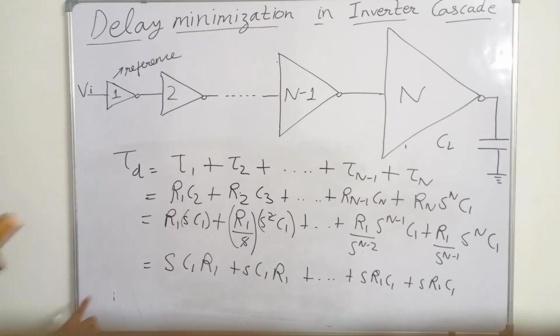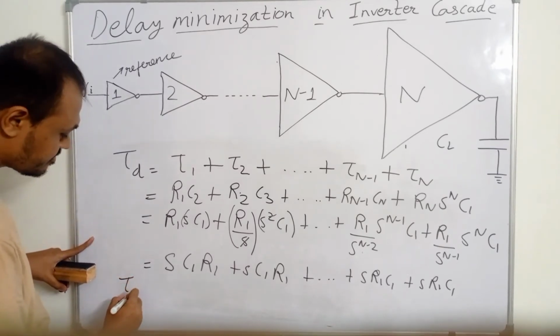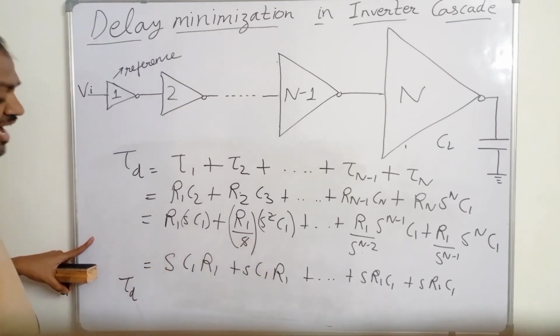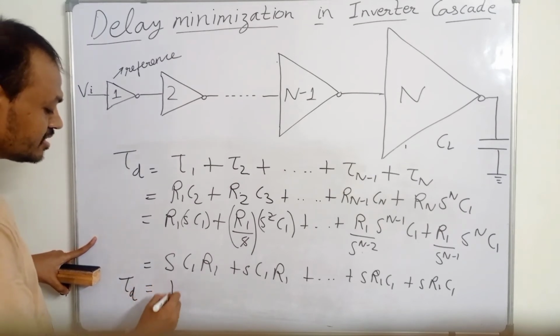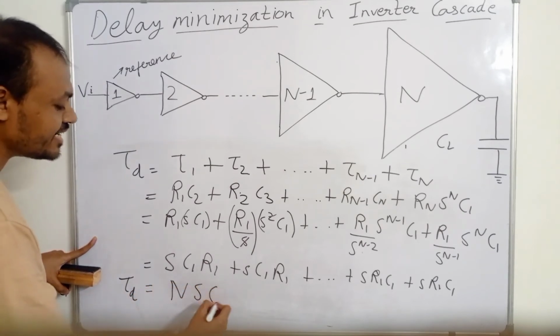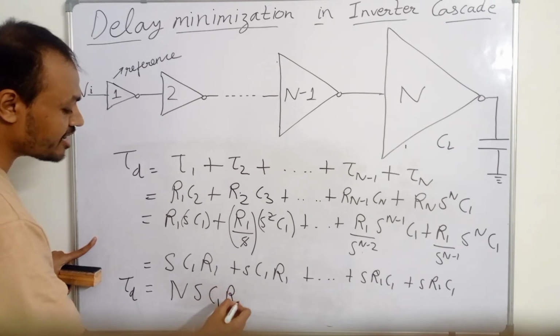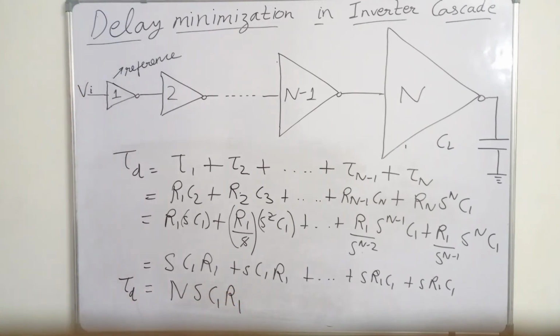So there are actually n terms of S C1 R1. So tau d, or the total time delay through the inverter cascade, can be written as n into S into C1 into R1.